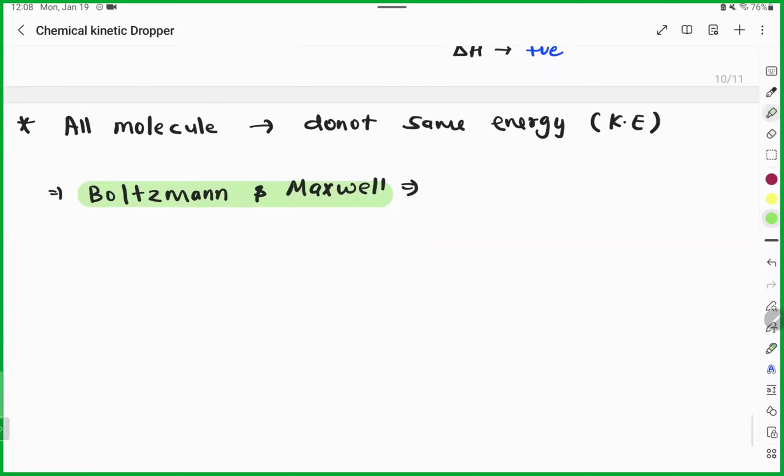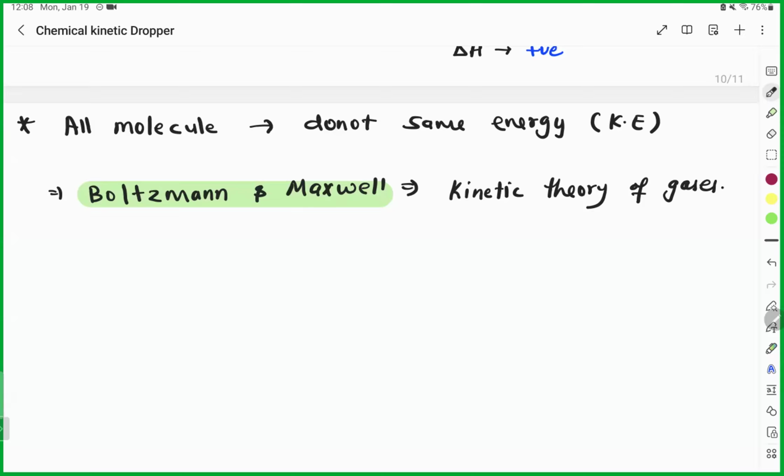The same names are given in your kinetic theory of gases, if you remember. Chandana, what is given in the kinetic theory of gases? Boltzmann graph. Sir, I don't remember. Jordan? I don't remember, sir. Tara, I think you were not there at that moment.